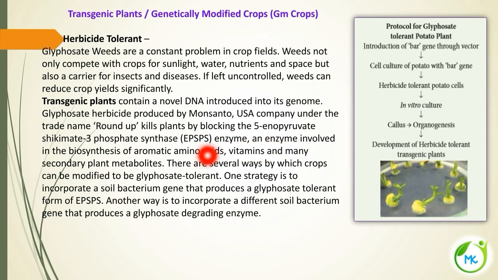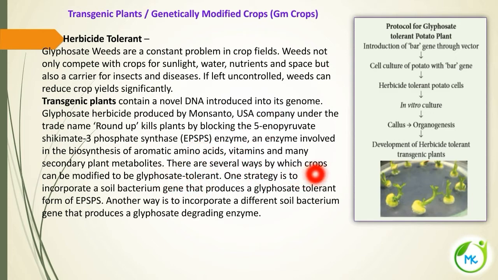This enzyme is involved in the biosynthesis of aromatic amino acids, vitamins, and many other plant metabolites. There are several ways by which crops can be modified to be glyphosate tolerant. If the crop plant is not made glyphosate tolerant, it may be affected too. So we are going to make the crop plant glyphosate tolerant, and the weed plants will be killed.